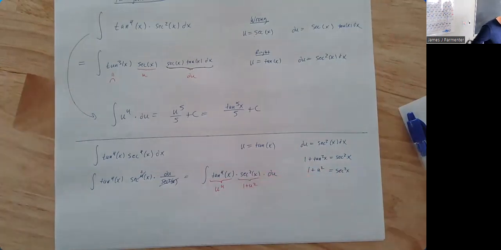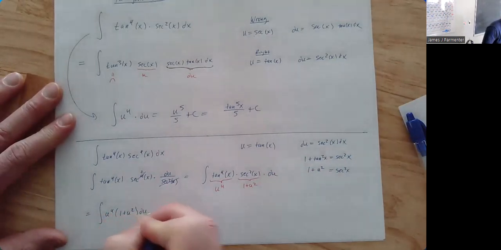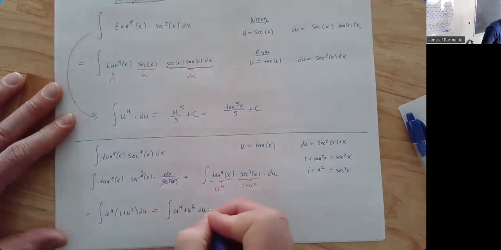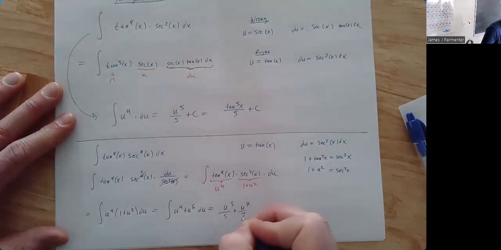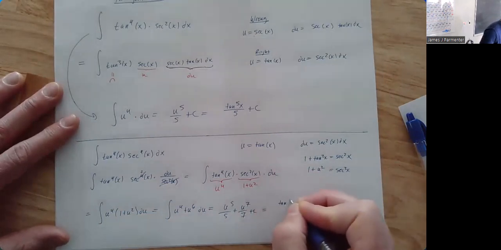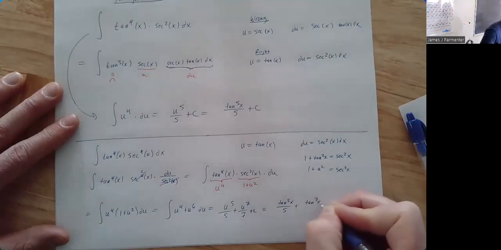And then we get the integral of u to the fourth times 1 plus u squared du, which is the integral of u to the fourth plus u to the sixth, which is u to the fifth over 5 plus u to the seventh over 7. Which is then tangent to the fifth x over 5 plus tangent to the seventh x over 7.